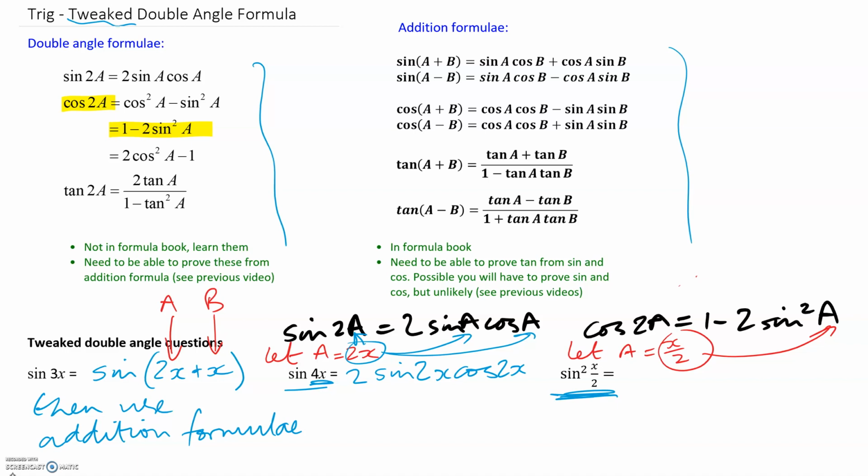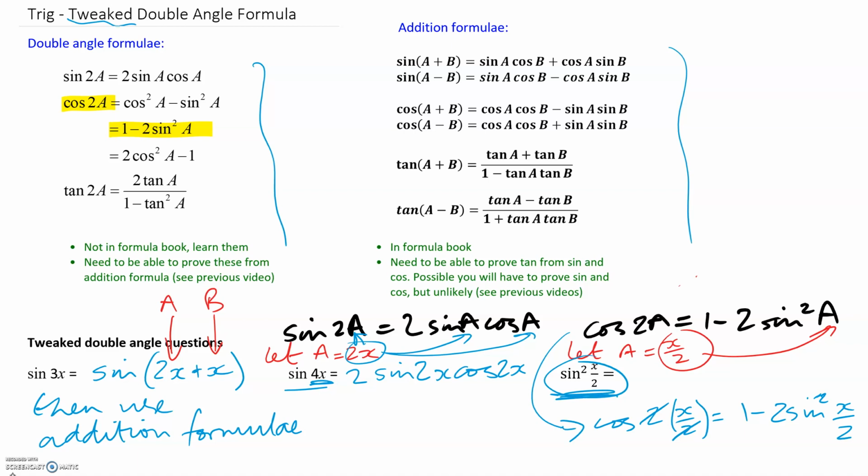So if we just go from the top equation down to here, so if we put x over 2 in there, we will get cos of 2 times x over 2, which is just going to be cos x. It's going to equal 1 minus 2 sine squared x over 2. And we want to get sine squared x over 2 on its own, so we could just rearrange this now.